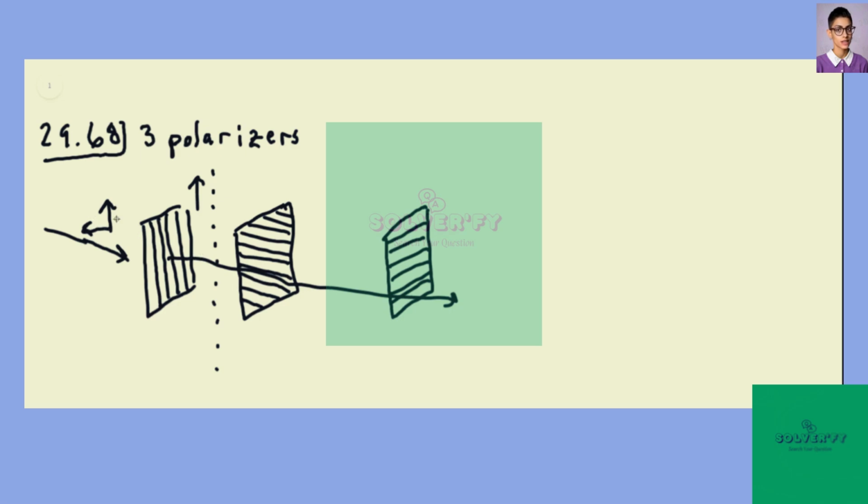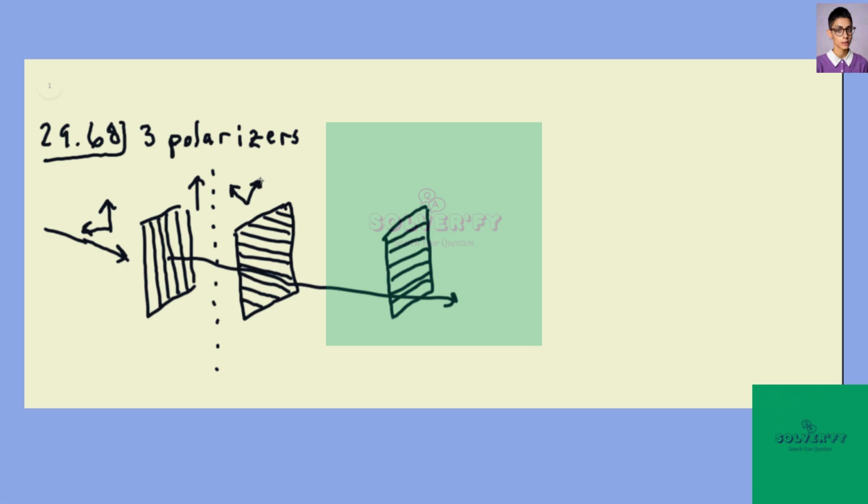However, just in the same way as we could express unpolarized light as containing two polarization components with respect to the axis of this polarizer, we can consider this polarization, because it's a vector, as having components that are parallel and perpendicular to this polarizer's axis.